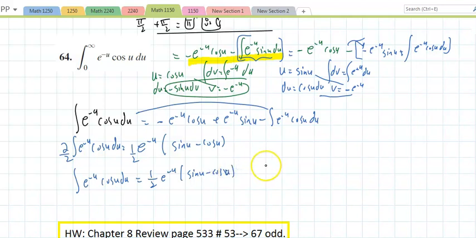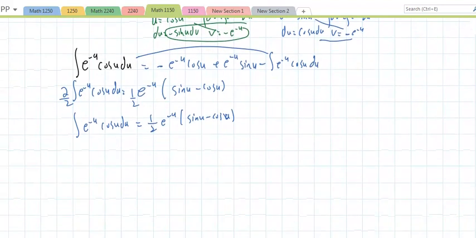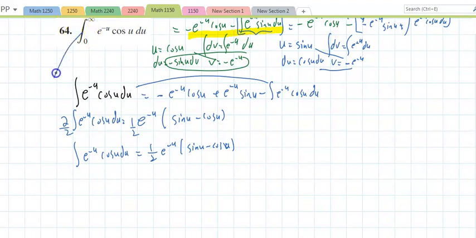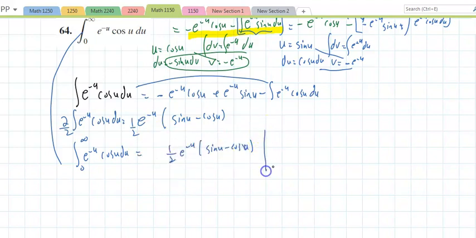And now we're going to look at the limits. This is now a new problem, 0 to infinity. I'm going to evaluate that from 0 to t and take the limit as t approaches infinity.